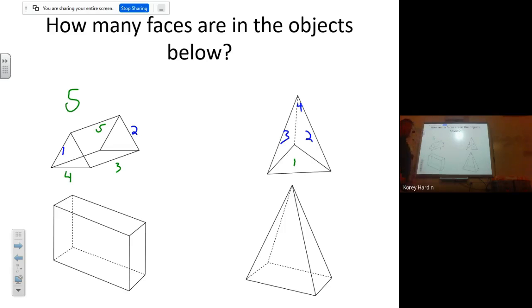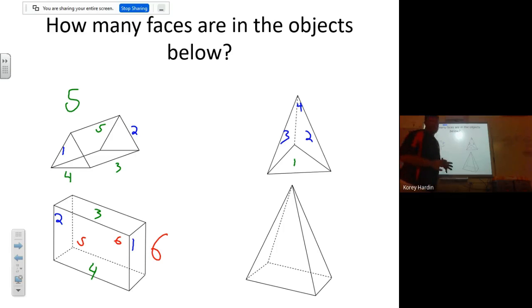Down here on the cereal box, if you count a cereal box, on the bottom I've got 1. On the top I've got 2. Okay? I've got 3. I've got 4 when I look at one side. And then I look at the front and then the back of the cereal box as well. So I've got 6 sides on that shape.